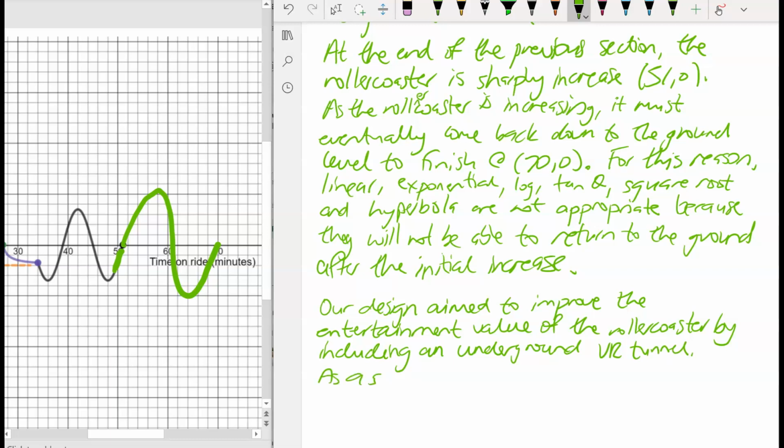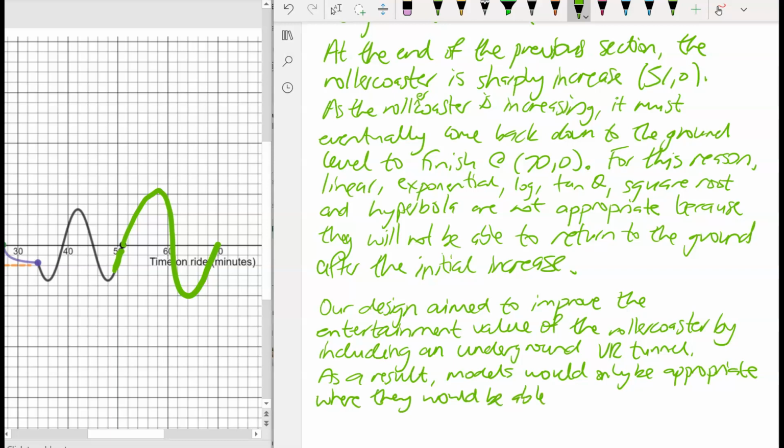As a result, models would only be appropriate where they would be able to go below ground level and return to the ground level.